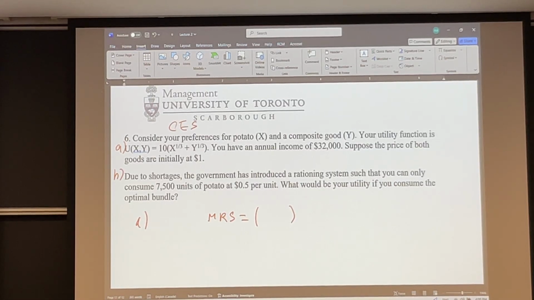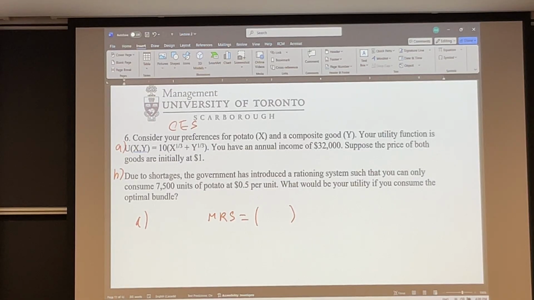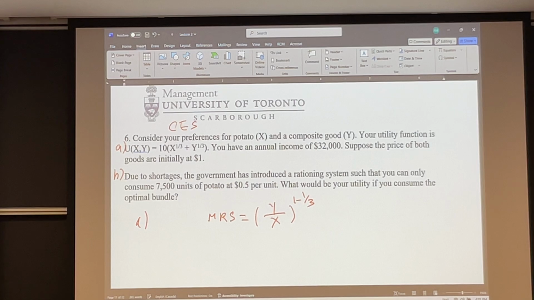What is the MRS for this function? y over x to the power of what? 1 minus alpha, which in this case is 1 over 3. Alpha is the power of x and y. Make sense? So that gives you y over x to the 2 over 3.